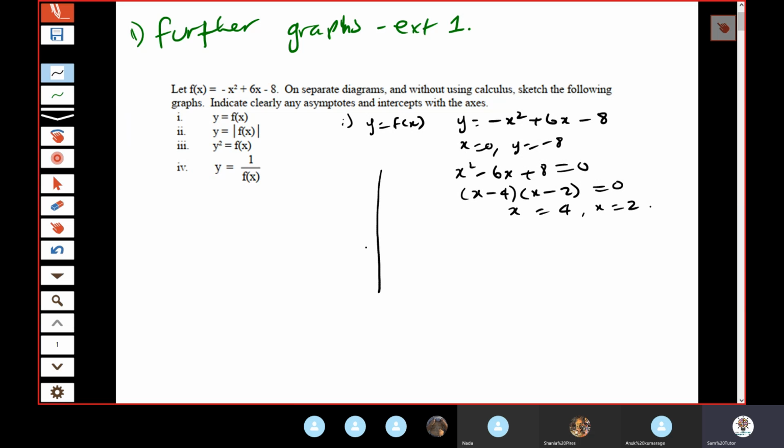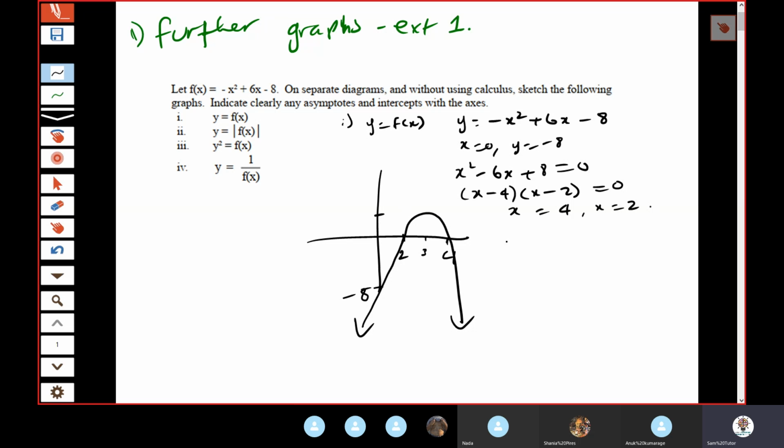And then of course, don't forget, it's a sad parabola, so when you plot it, 2, 4, you're going to have a y-intercept of negative 8, and it'll look something like this. Really bad parabola, but I think we understand. It doesn't say find the vertex, it just says asymptotes and intercepts with the axes, but I think it's a good point to make. Let's sub in 3 and work out the highest point.